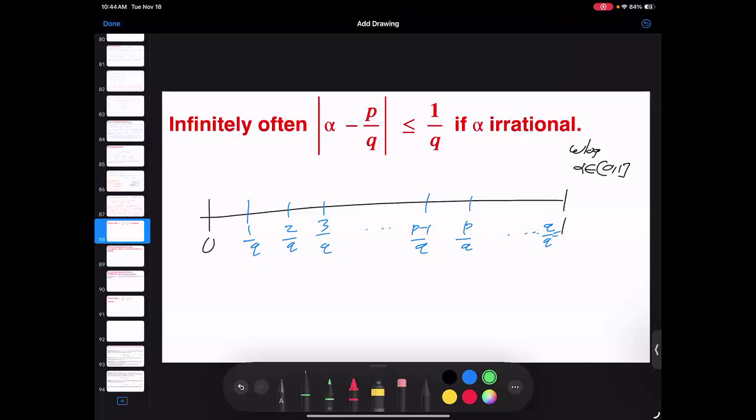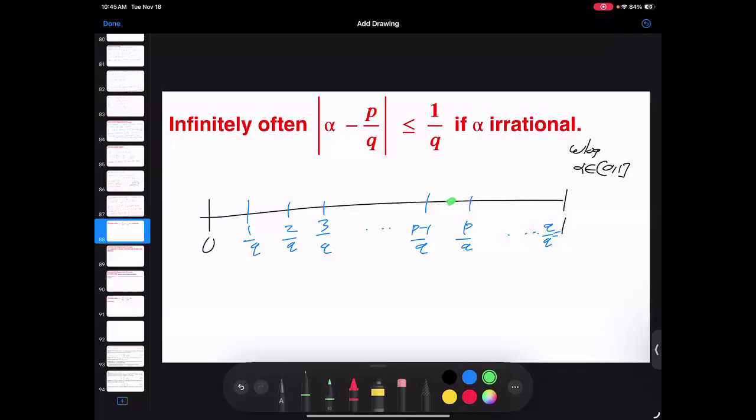Right? And so let's say alpha falls in this one over here. Then since alpha falls in this interval, it can't be more than 1 over q away. So this is really a very unimpressive theorem. But it's not bad, but it's not that surprising.